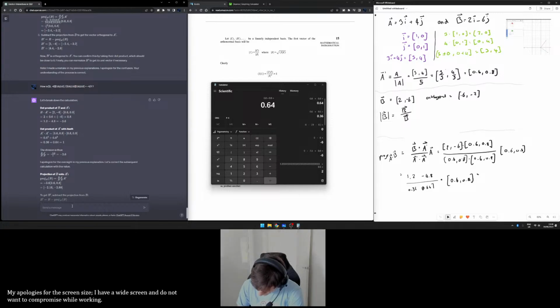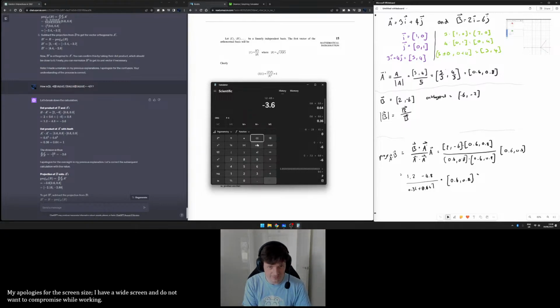I see, 0.64, and that would be plus. So 1.2 take away 4.8 equals negative 3.6. Yeah. So it's equal to negative 3.6 over.